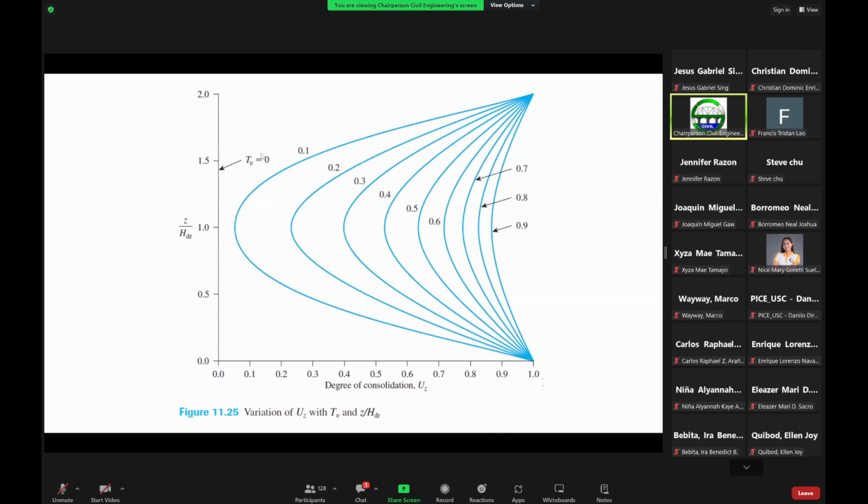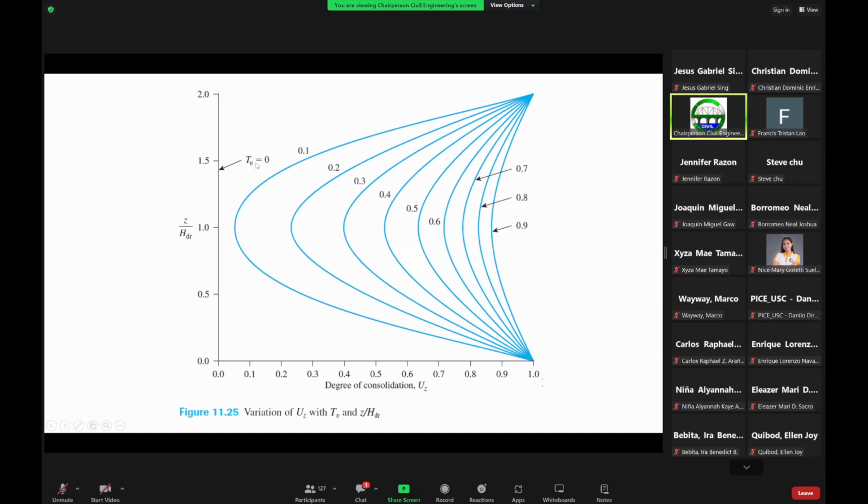This is the variation of the degree of consolidation with respect to any depth Z and with respect to any time T, indicated by the time factor, where this is the time factor equal to 0, 0.1, 0.2, 0.3, and 0.4, and so on and so forth.